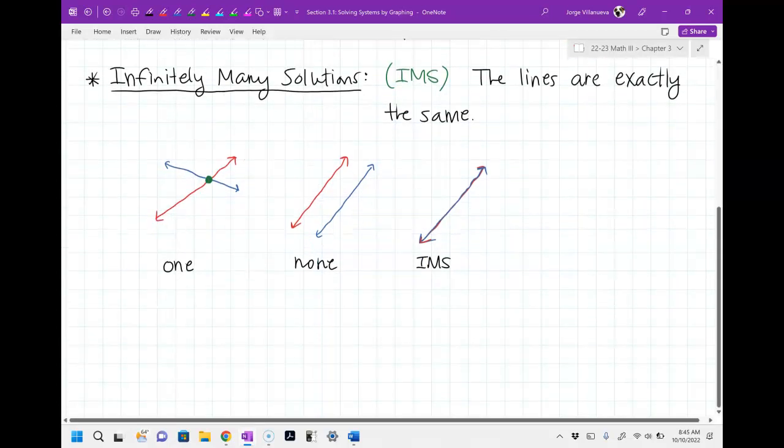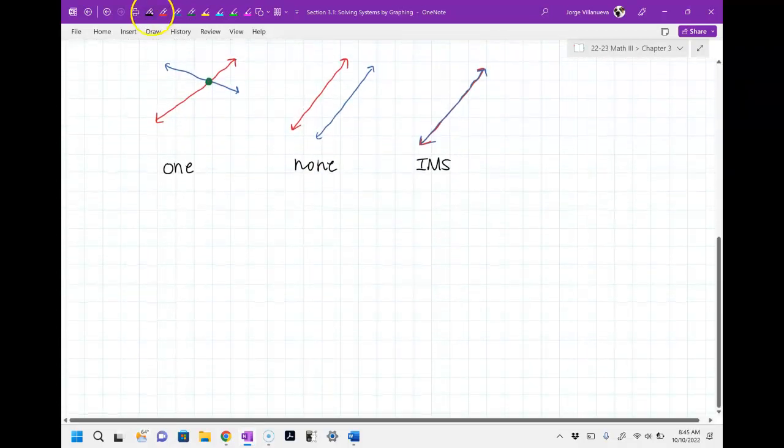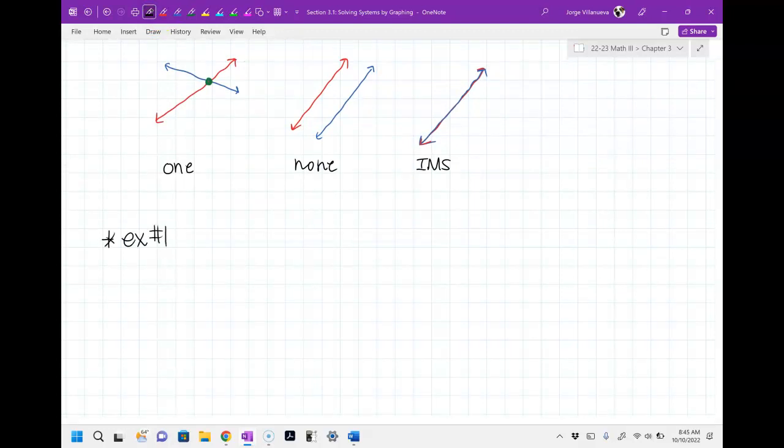All right? So let me go over some examples with you guys. So example number 1. They're going to say, how many solutions does it have? Now, the instructions in your homework say, does each system have one, none, or infinitely many solutions?